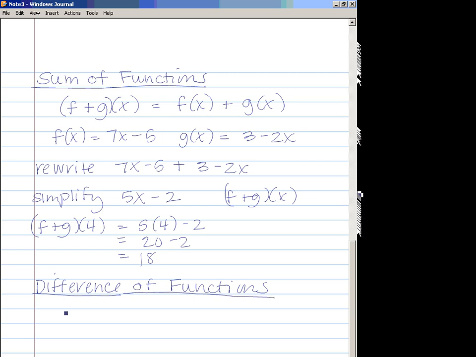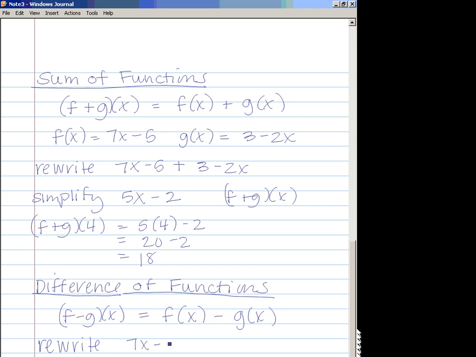So this is given as f minus g of x, which can be rewritten to f of x minus g of x. So if we use our given functions, we're going to rewrite f of x is 7x minus 5 minus 3 minus 2x.